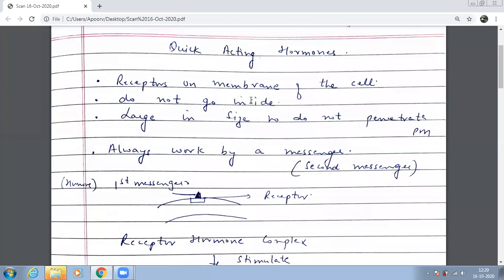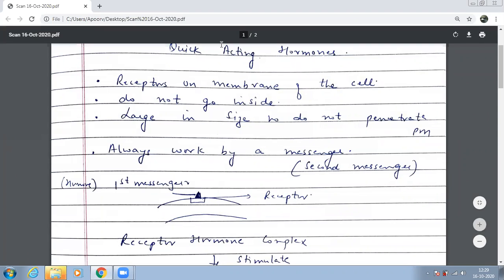Let's start. Which hormones did we do day before yesterday? Slow acting hormones. The reason why we said they were slow acting was because the receptors were not present on the membrane. Where were they present?